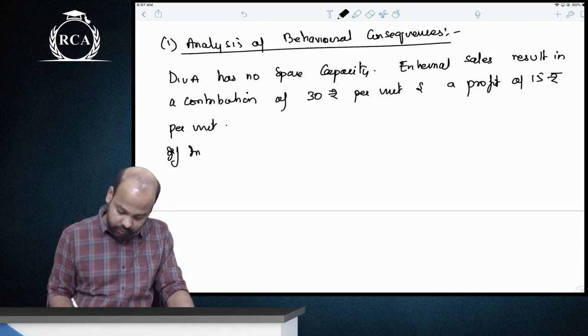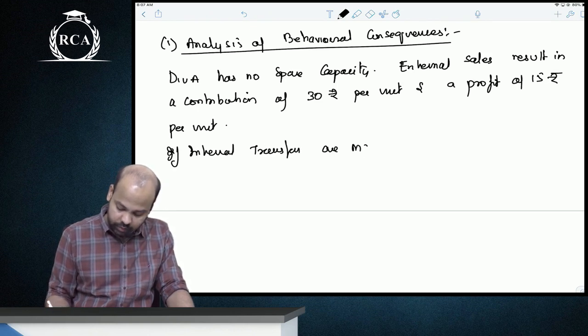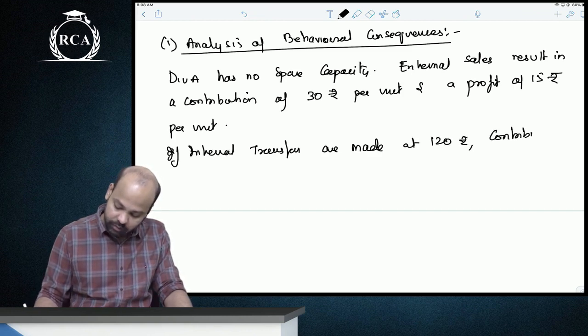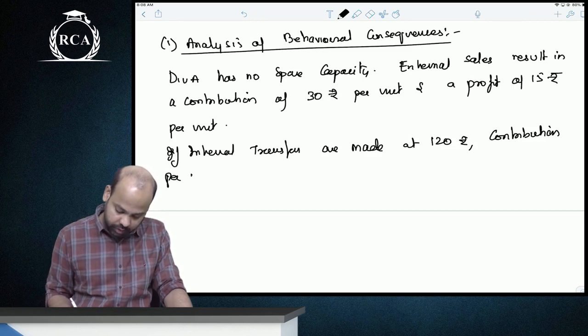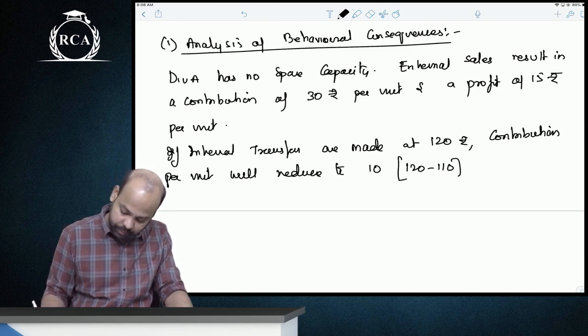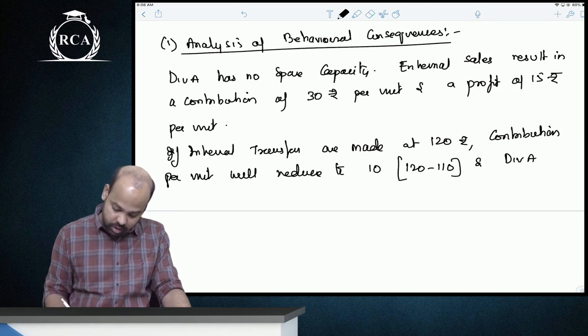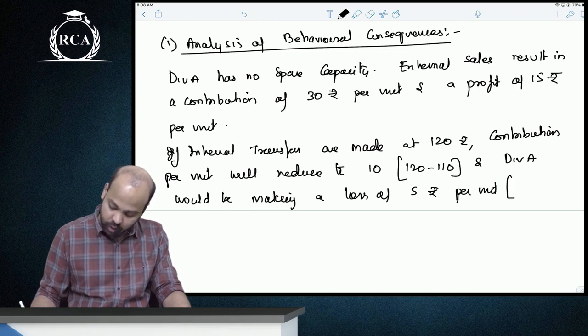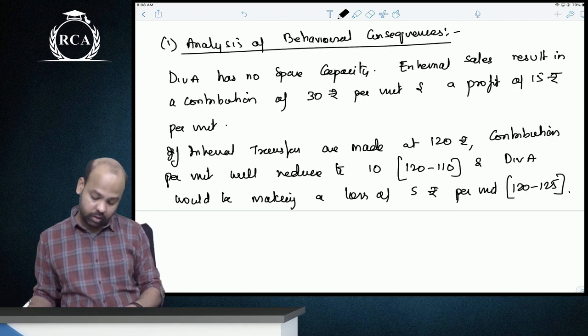If internal transfers are made at 120 rupees, the contribution per unit will reduce to 10 rupees, 120 minus 110, and division A would be making a loss of 5 rupees per unit, 120 minus 125. Understanding this, guys?